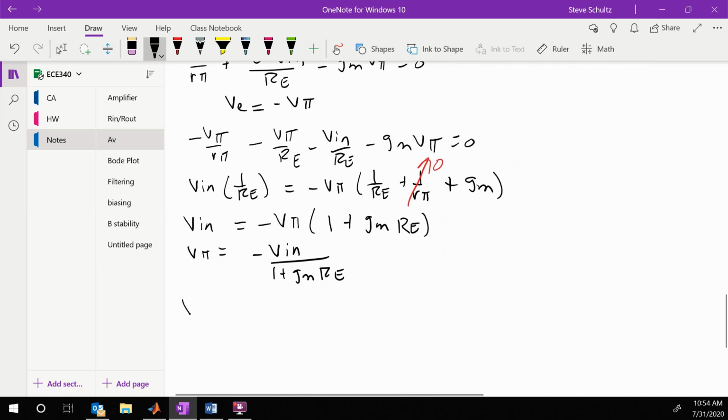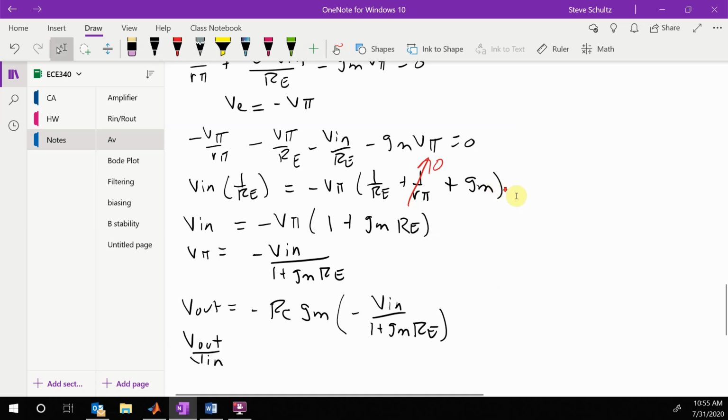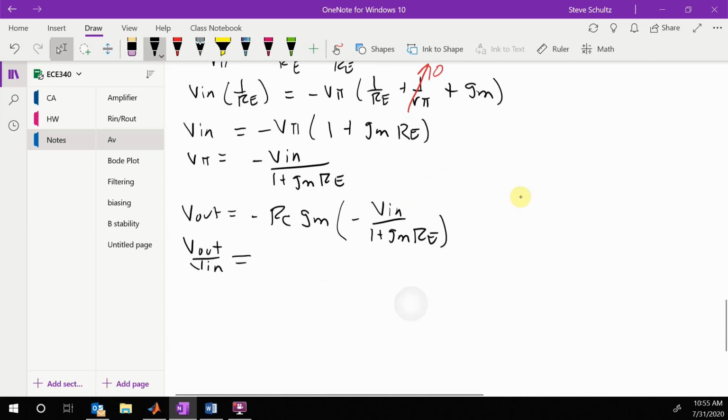So now we have V out equals minus RC times GM times minus Vin over 1 plus GMRE, and so that means that my V out over my Vin equals RC times GM over 1 plus GMRE.